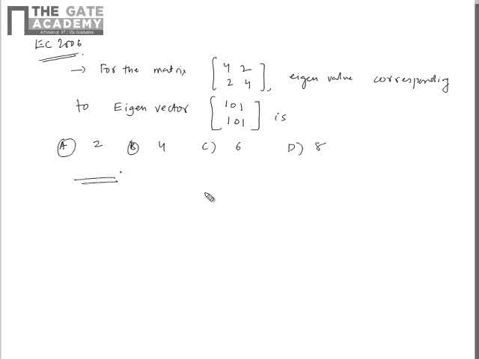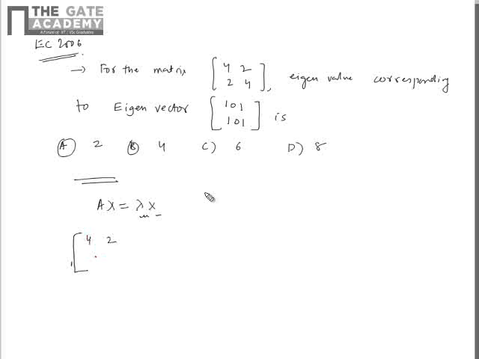Okay, so I would suggest, because the starting equation is always Ax equal to lambda x, if you operate any vector x on A, and you get some constant times that vector, then that vector is called the eigenvector, and the constant is called your eigenvalue. Lambda is called the eigenvalue, x is called the eigenvector. So take the matrix, and since the eigenvector is given, just operate it.